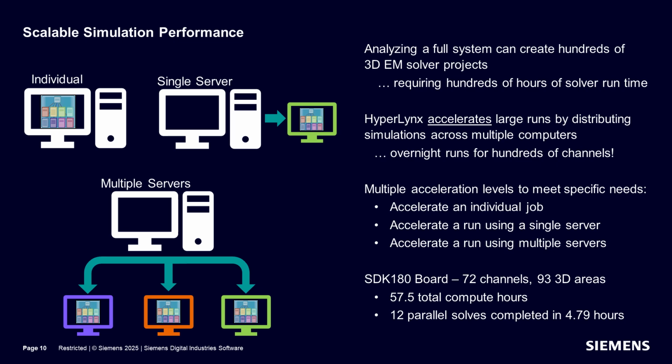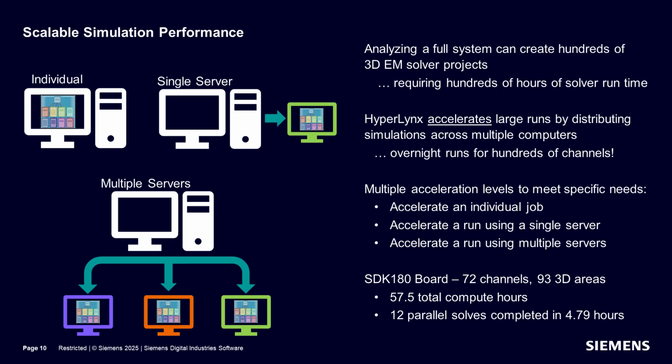With HyperLynx, we're able to accelerate our solver jobs through job distribution. In the first case, we can accelerate an individual job. If we're maybe just solving a few 3D areas, we could throw more cores at the problem to decrease the solve time and solve them sequentially on a single machine. The second use case is we could offload the job from a local machine, maybe to a more powerful server machine, and run multiple jobs, say 2 to 4 jobs in parallel, and accelerate our solve time that way.